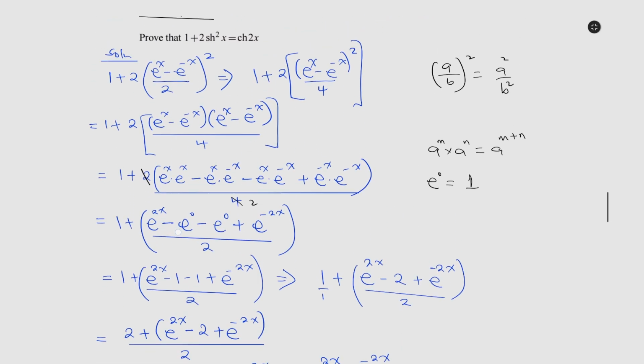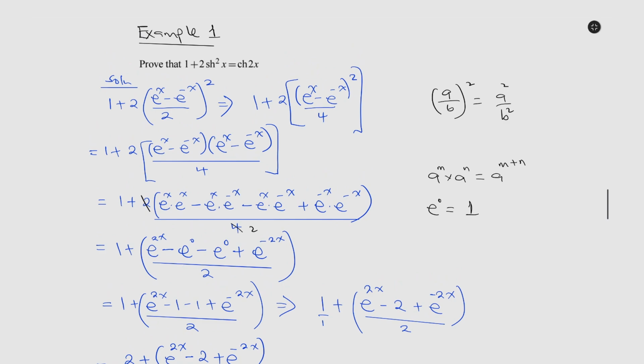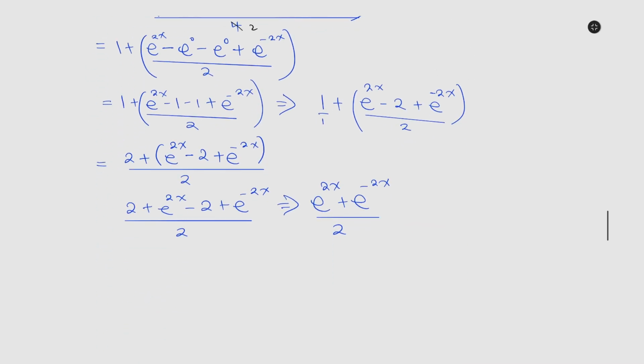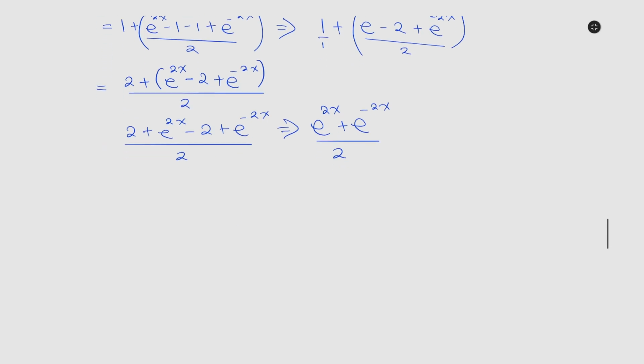What was our question? Prove that this one we have worked out, the left-hand side, is equal to cos 2x. I hope you can see that this is cos 2x.